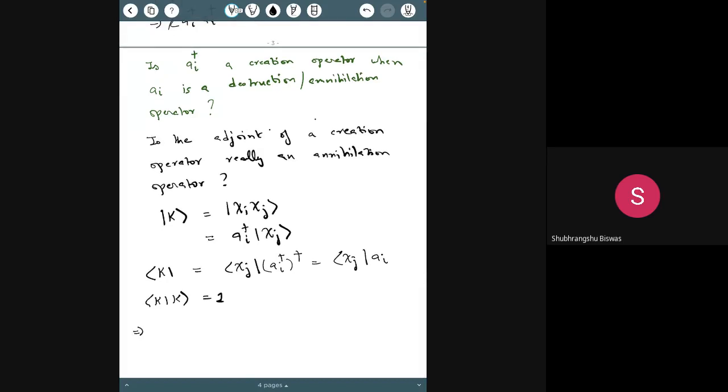This means that chi_j a_i K is equal to 1. And we also know that chi_j overlap chi_j is 1.